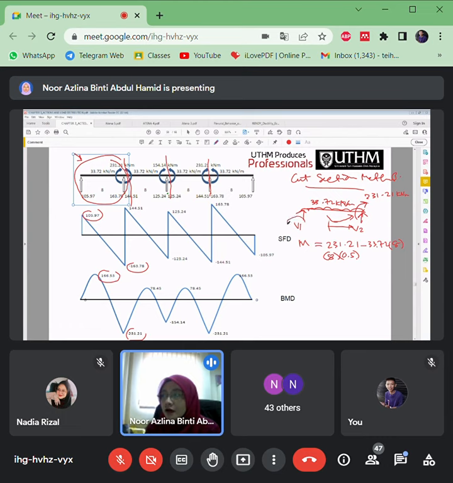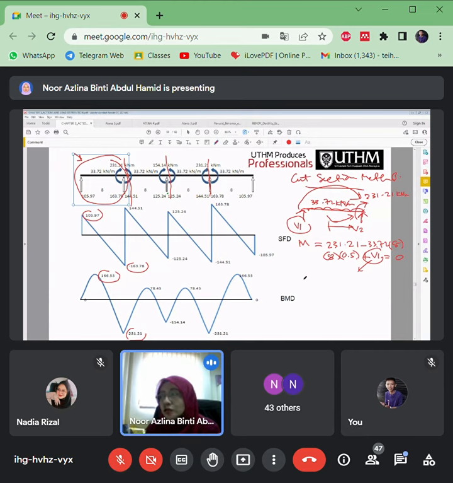Okay, and then you have one unknown here, which is V1. Turn it about this point here. This is clockwise, so plus V1 is equal to 0. You already know the other values, so from this you will know the value of V1.